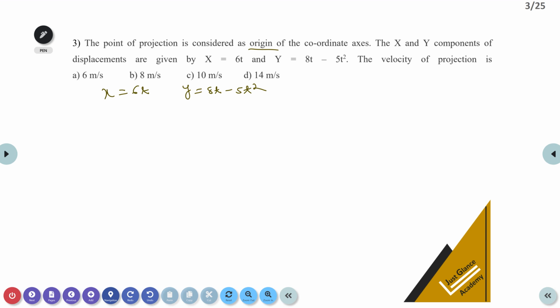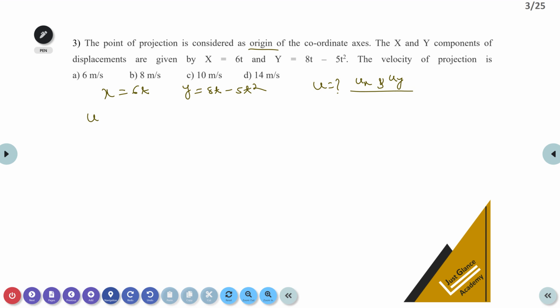Now, what are we to calculate? The velocity of projection, that means u equal to what? To find u, I need ux and uy.